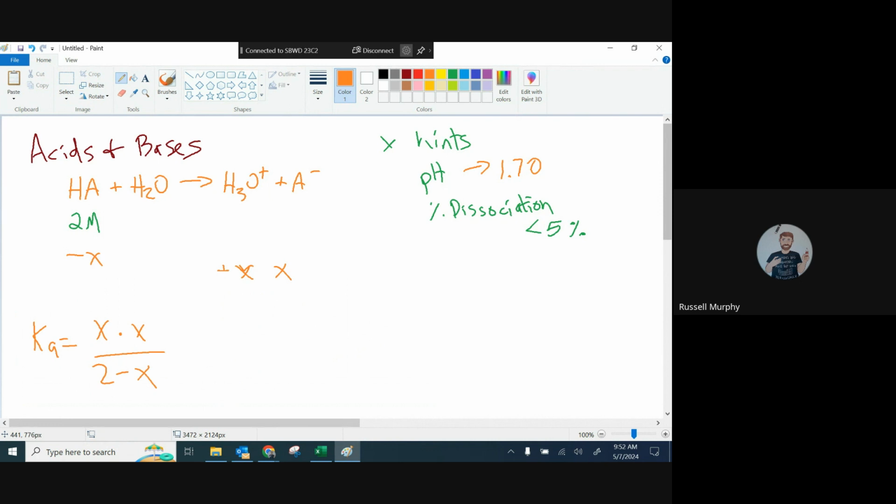And we are going to assume that x is less than 5%. Otherwise, it doesn't work. So we look at the question, and it tells us that Ka is equal to, let's say, 1.8 times 10 to the minus 5th.